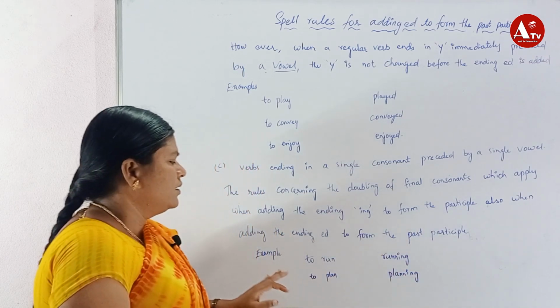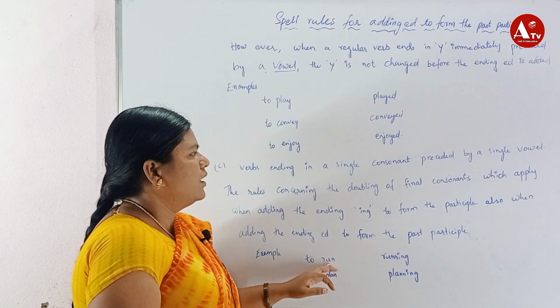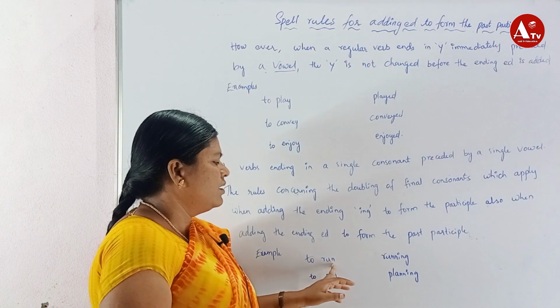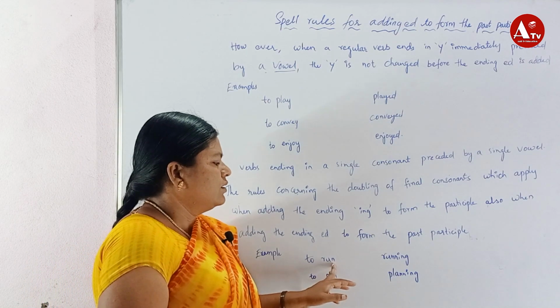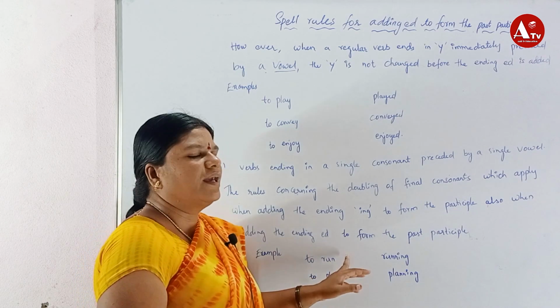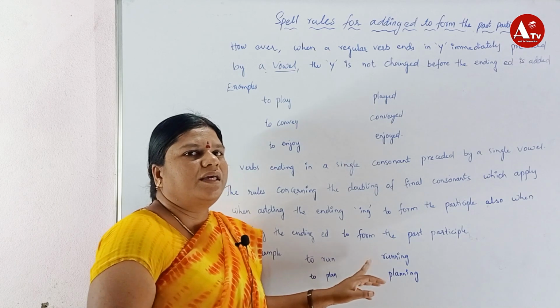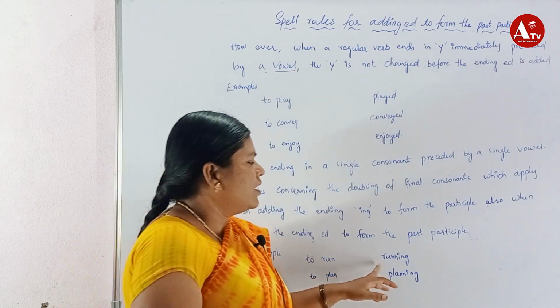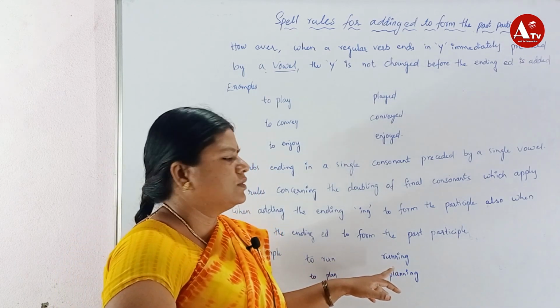For example, to run: the last letter is a consonant, n, and the same letter n is repeated. So, running, the -ing form.